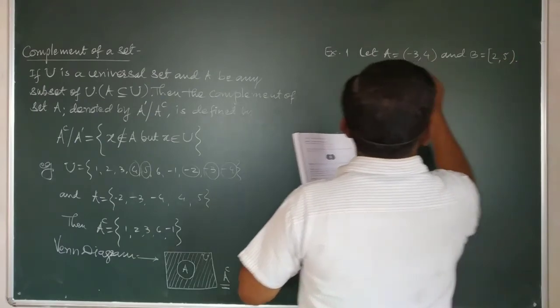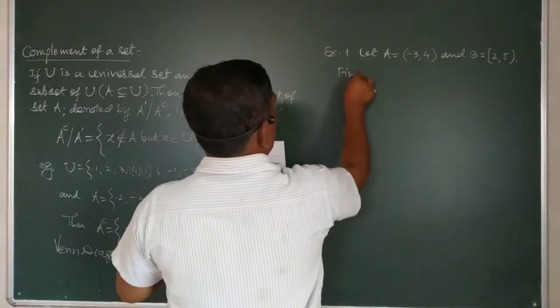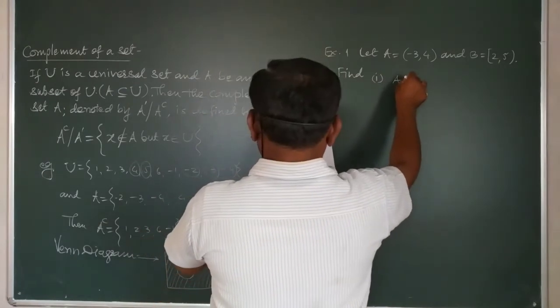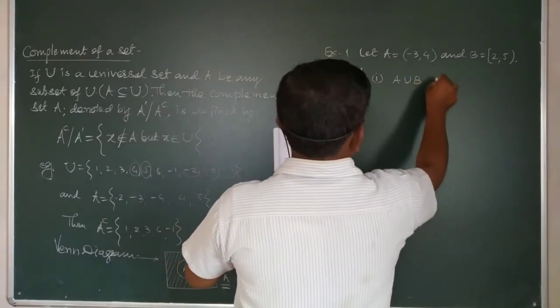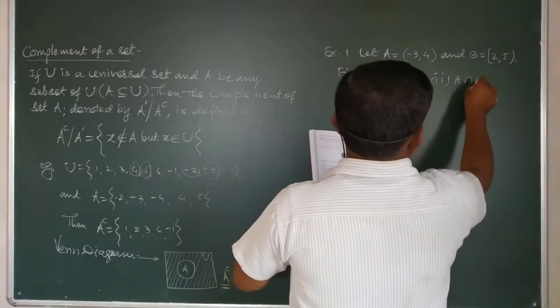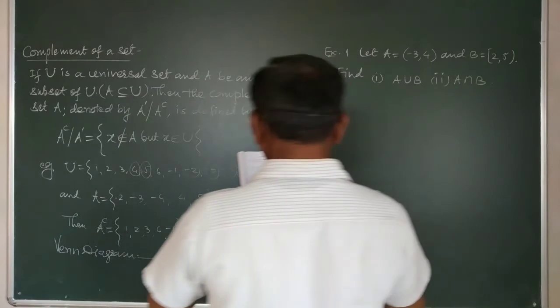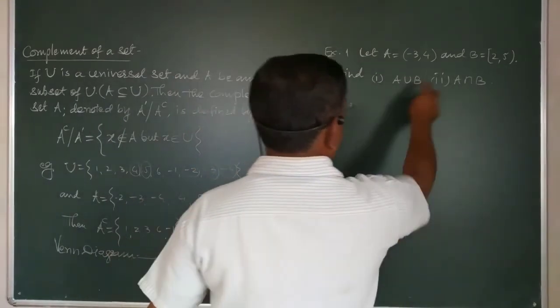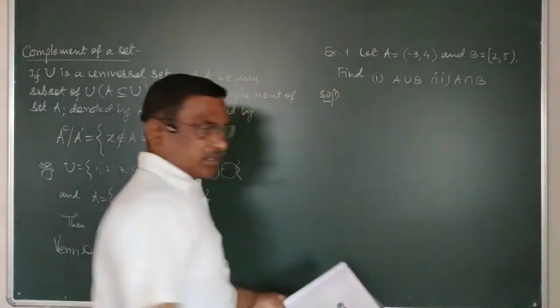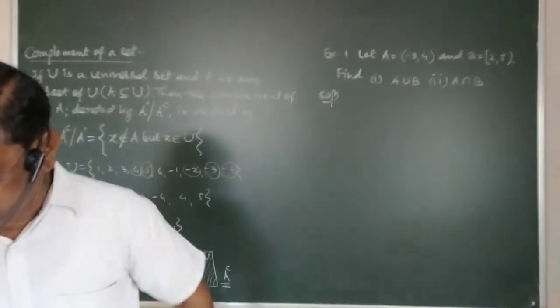Find number 1, A union B, number 2, A intersection B. Let us first find this one, and then we will go for the next things.